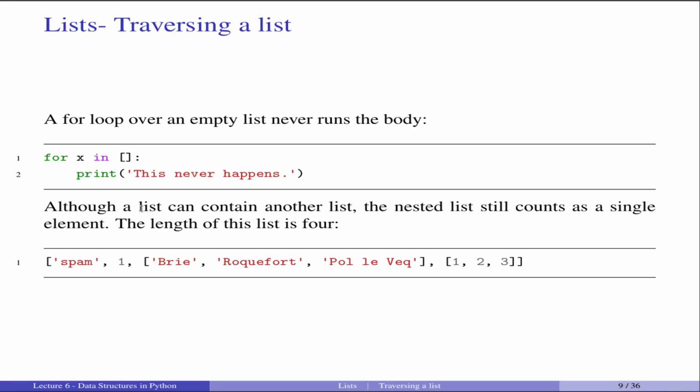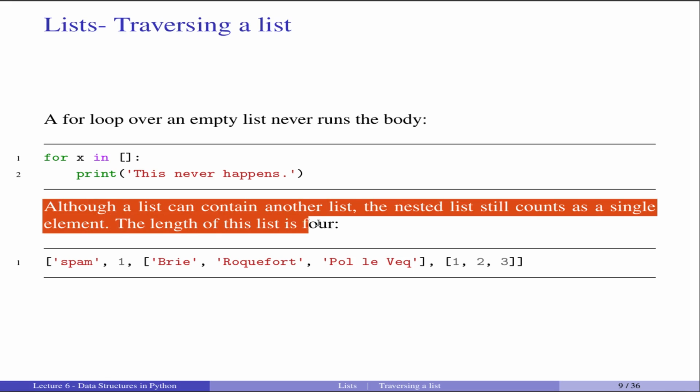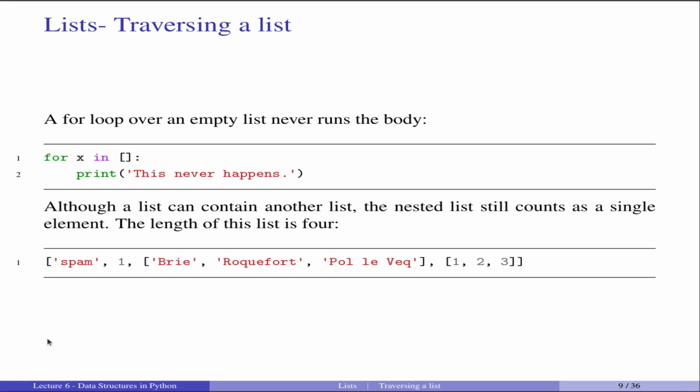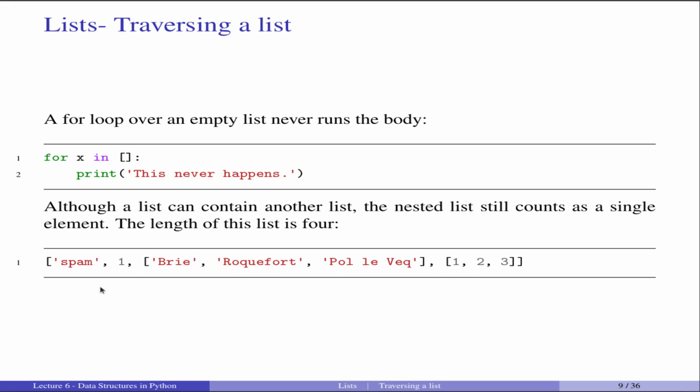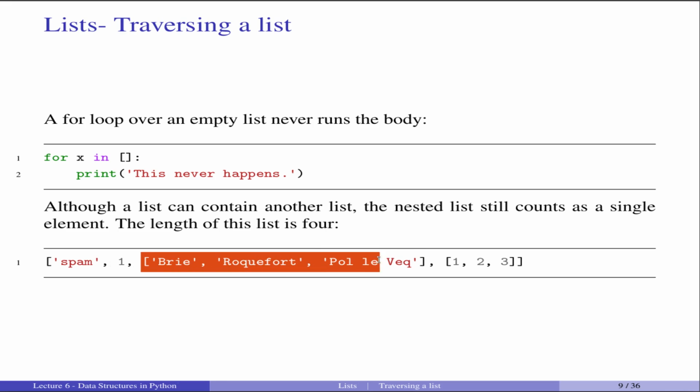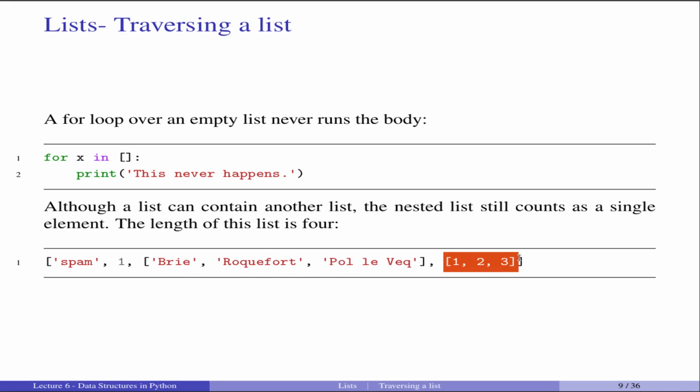Another interesting thing is that although a list can contain another list, the nested list still counts as a single element. So for example, in this list, the length will be 4 because there are 4 elements in this list, right? The first one is spam, the second one is 1, the third one is another list, the fourth one is another list.